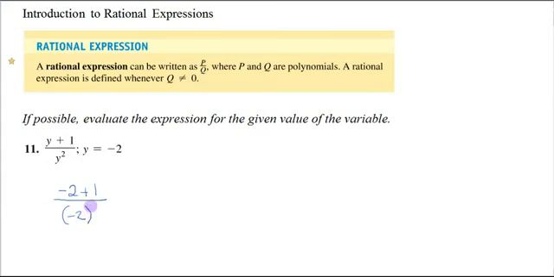We want to make sure that we're squaring that entire y, so we have to put it in parentheses. It makes a big difference. Negative 2 plus 1 is negative 1. And negative 2 squared is the same as negative 2 times negative 2, which is a positive 4. So we get a value for that expression of negative 1/4 when y equals negative 2.